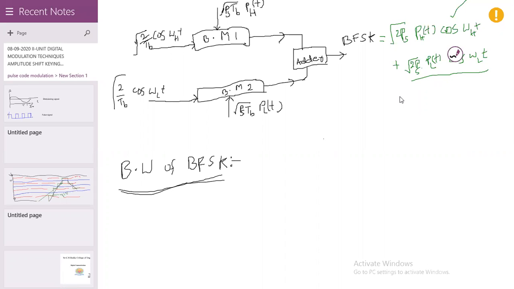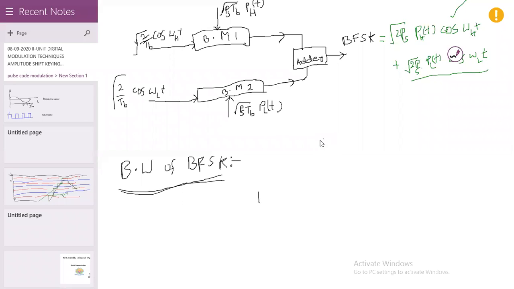But to calculate the bandwidth, again here we can convert those unipolar signals into bipolar signals. Okay, then PH of t and PL of t are the unipolar signals. We convert that into bipolar again here.